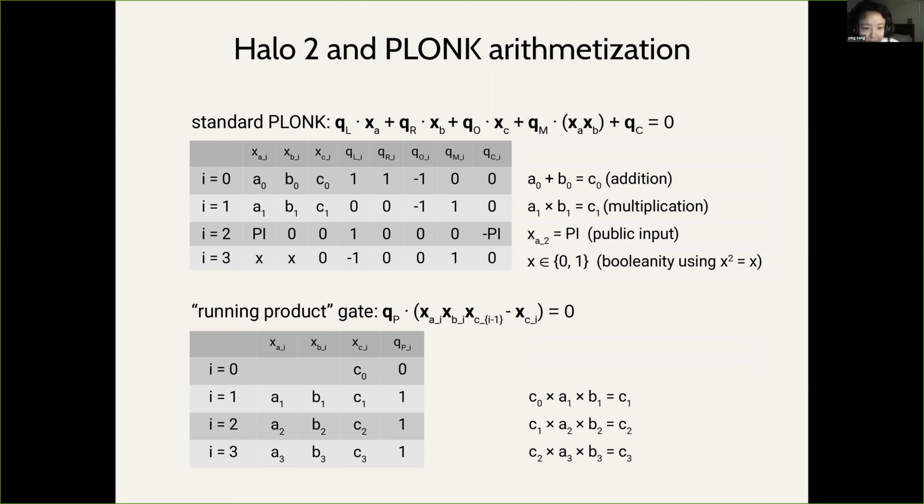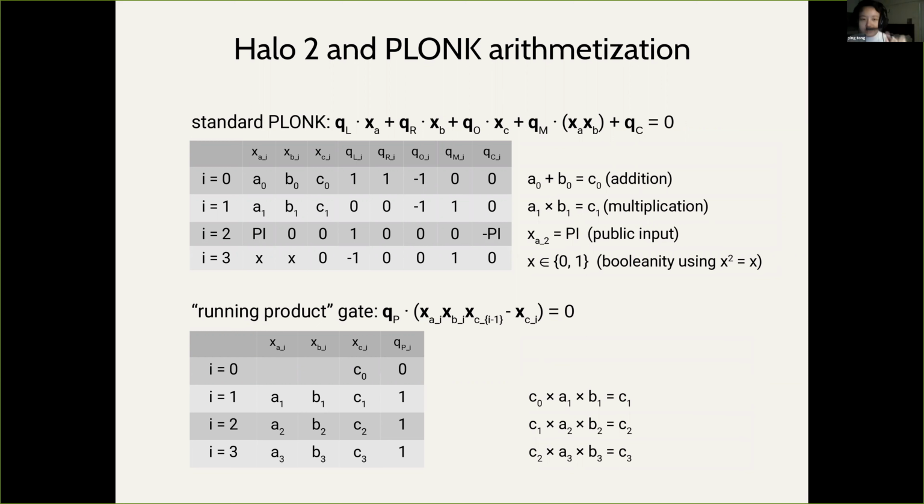Over here, we have a running product gate. What this gate is doing is checking a value from the previous row, ci minus 1, and taking that and putting it into the current row. You can compose gates quite easily.